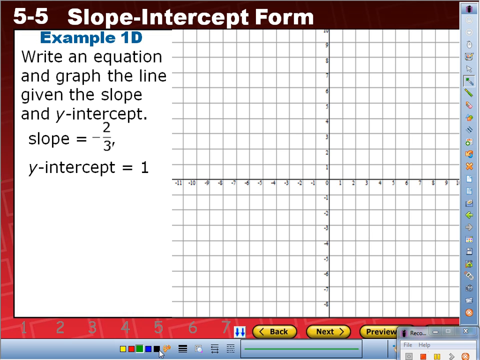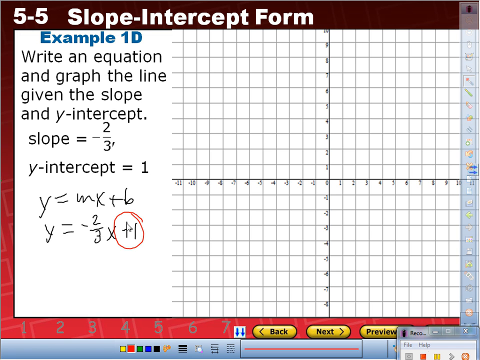Okay, let's see. First things first. Y equals mx plus b. My equation is y equals -2/3 x plus 1. I plot my y-intercept at 1.